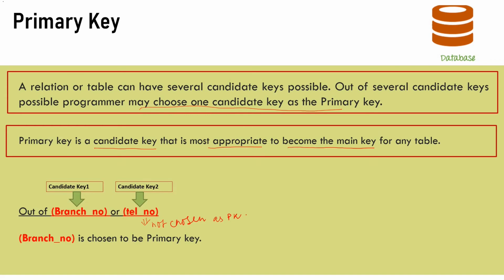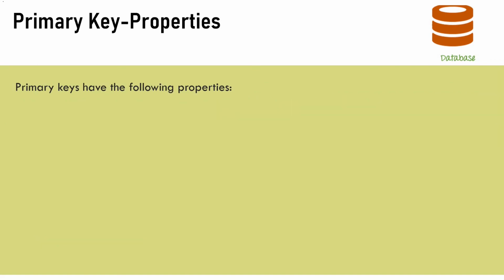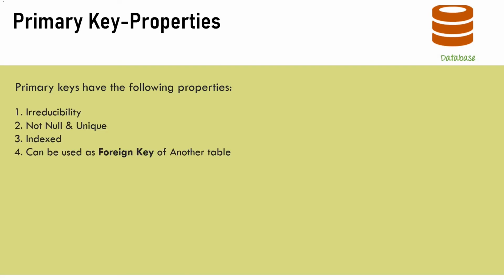So a primary key, not only will it be unique, not only will it be irreducible like a candidate key, but at the same time, a primary key has some other properties. Among those properties, most important, a primary key is by default not null. You cannot give any null values to the primary key.